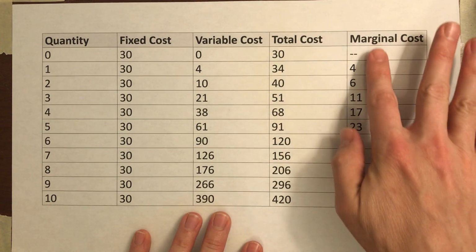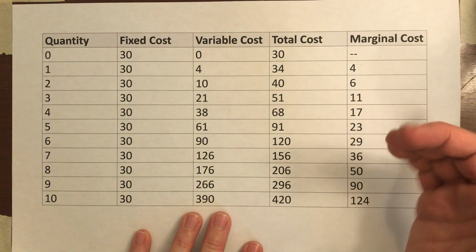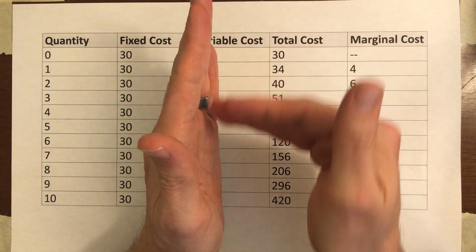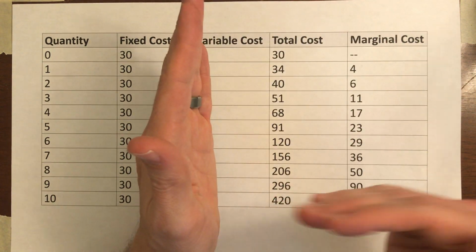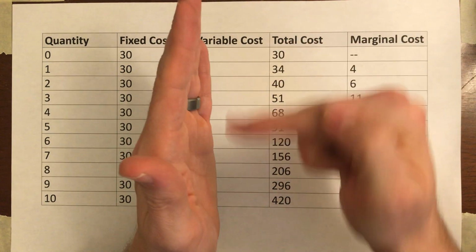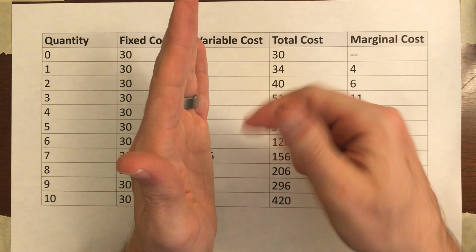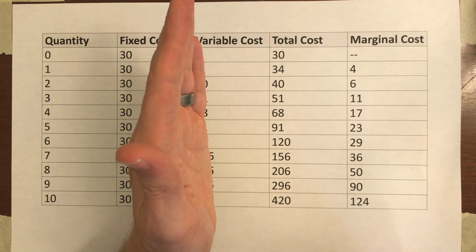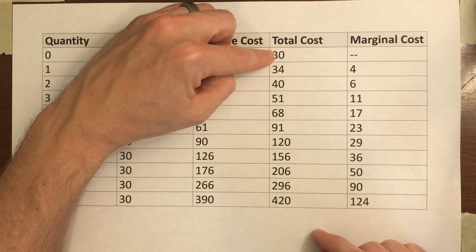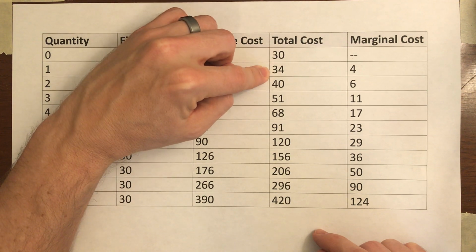And then take a look at marginal cost. Remember in the last video I told you, if I just gave you total revenue on up to 10 different units, you would be able to tell me what the marginal revenue is by just finding the difference between the revenues at 2 different levels of output. Well, you can do the same thing with marginal cost. So total cost goes from 30 to 34.